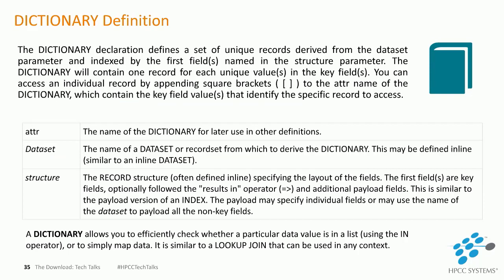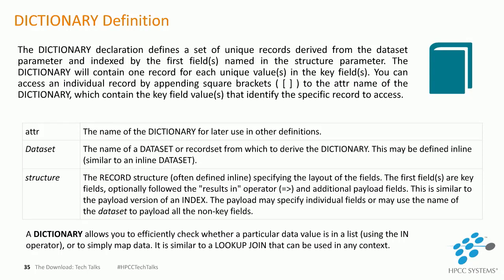So the syntax of a dictionary basically, you're going to have a data set and a structure, and we'll talk about the syntax as we get into it. But most importantly here, you can see from the slide that the dictionary declaration defines a unique set of unique records, derived from a data set parameter and indexed by the first field named in the structure.